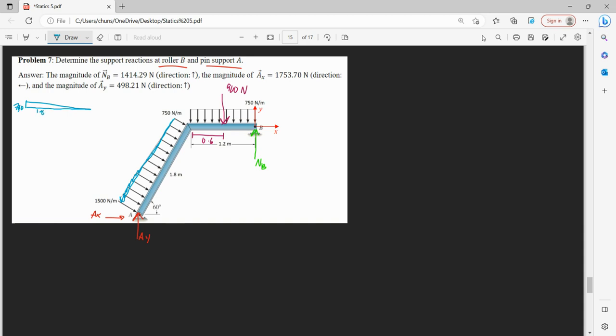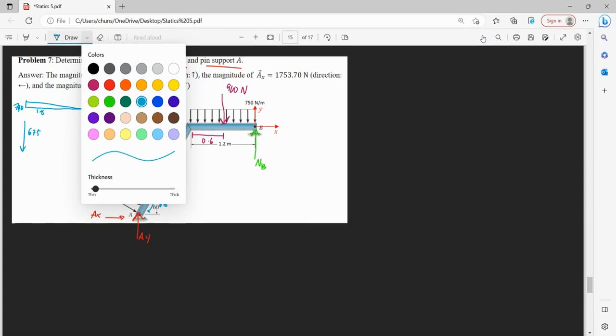So then our force is going to be the area of our triangle, 750 times 1.8 divided by 2. This is 675. And it acts at 1/3 of our length. So if we take 1.8 divided by 3, this is at 0.6. That is from our triangular one.